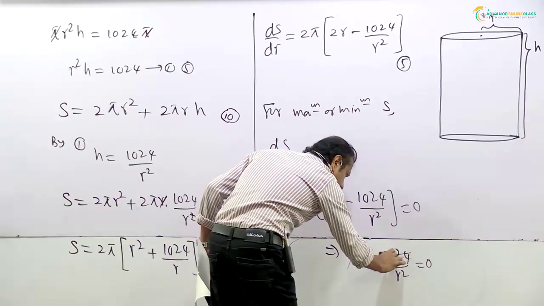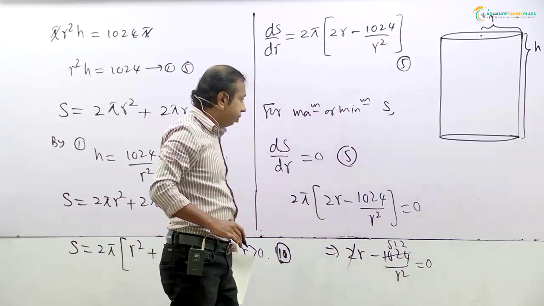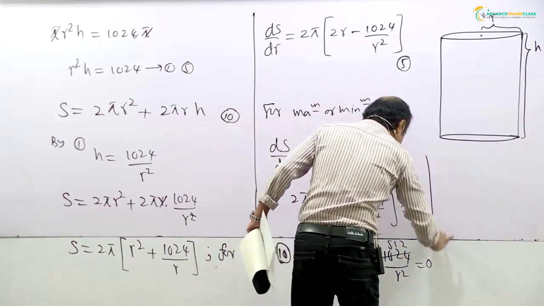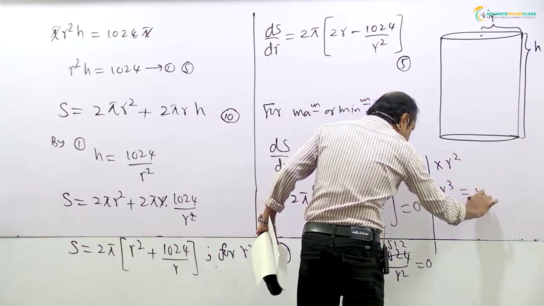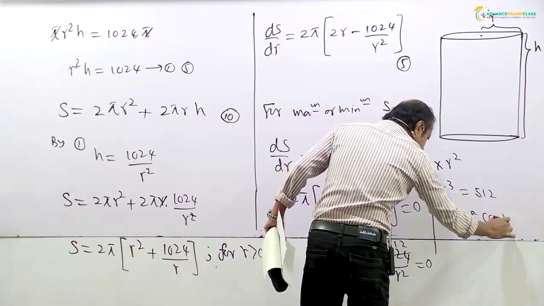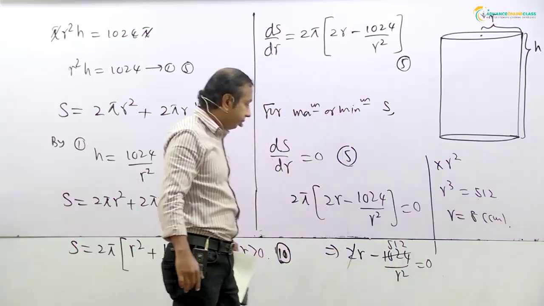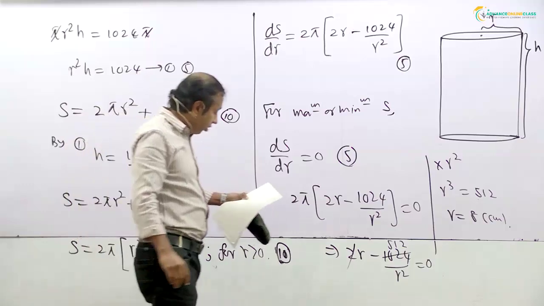Cancel down the 2, 512. Then multiplied by r squared, we get r cubed equals 512. Cube root of 512 is 8. r comes as 8. For that, we get 5 marks.